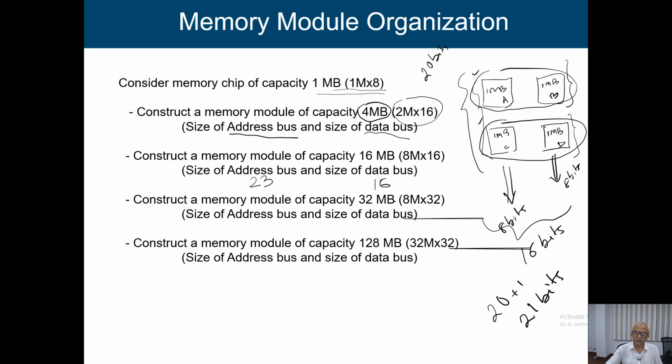Here, since it is 32 mega, it is very simple: I am having 1 megabyte chips, so I need 32 of them to construct a 32 megabyte memory module. But now you have to see how you are going to organize it. We are going to organize it as 8M by 32. Now you can find out the size of the data bus and the size of the address bus. Since in 8 mega it is 23, here also we will need 23 address lines, and we need 32 bits of data.